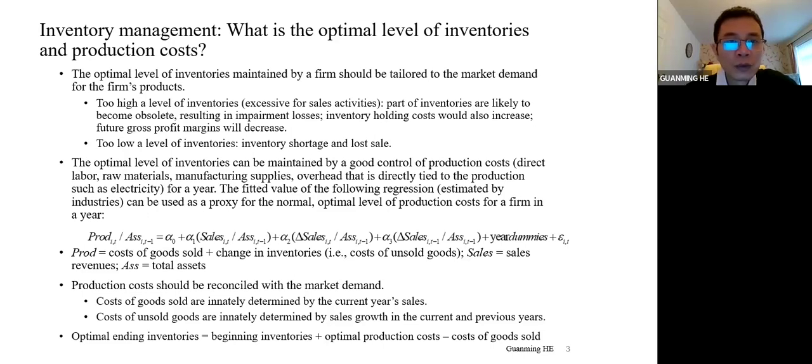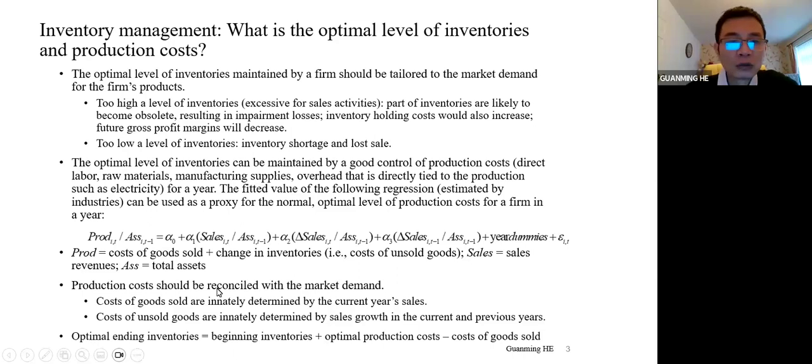How to estimate the optimal level of production cost that should be maintained by the firm for its operations? The production cost is closely tied to the ending inventories. And we have a basic equation: the ending balance of inventories is equal to the beginning balance of inventories plus production costs minus the cost of goods sold.